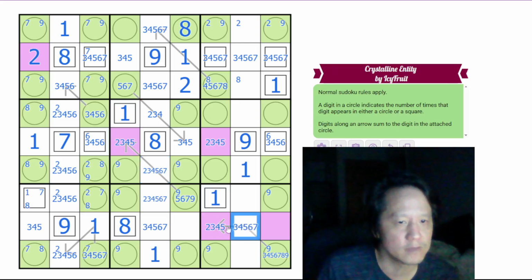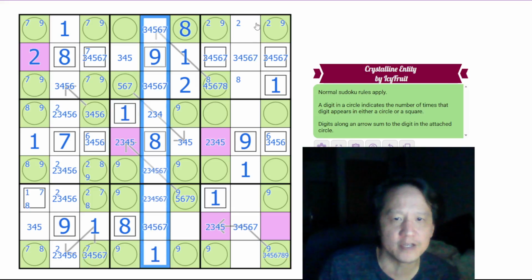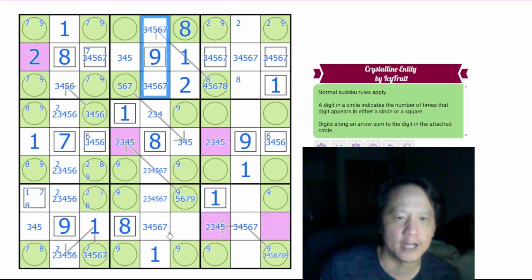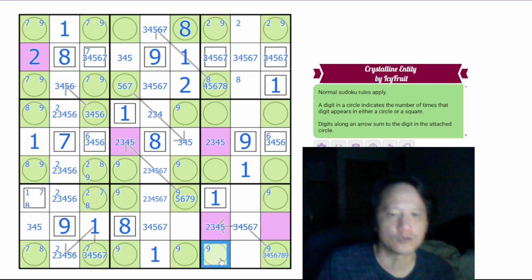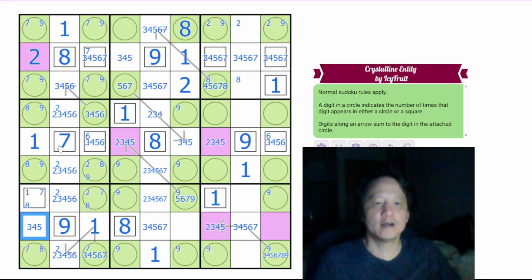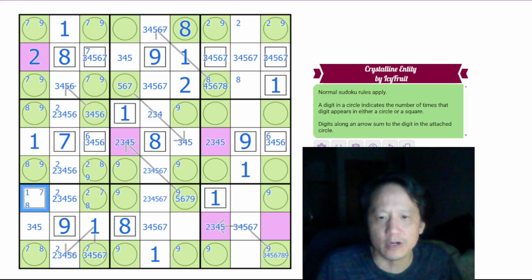This could be 7. Oh yeah, we have the same thing with 6. Outside of columns 2, 5, and 8, because 6 is not in a circle or square in any of those 3 columns, it has to be in a circle or square. So that's why this is 3, 4, 5. This cannot be 1. Okay.